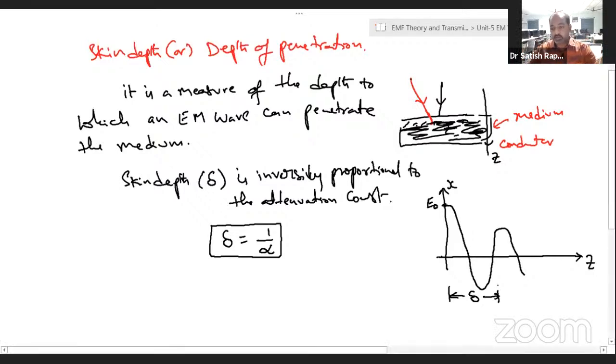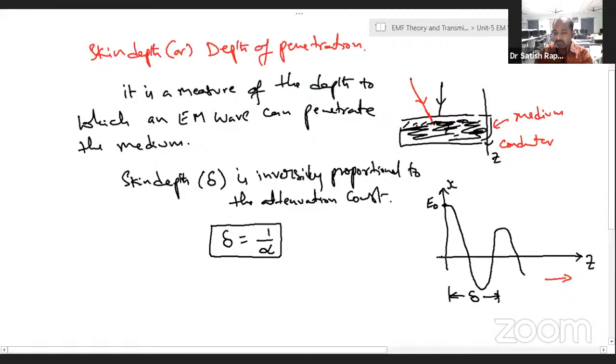So welcome back. The wave is traveling in the z direction.